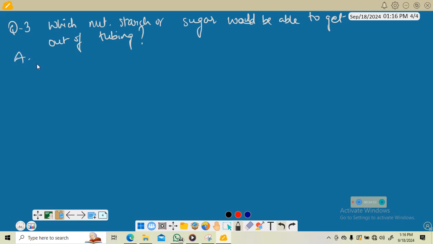They are asking which will come out, starch or sugar. The answer is sugar.